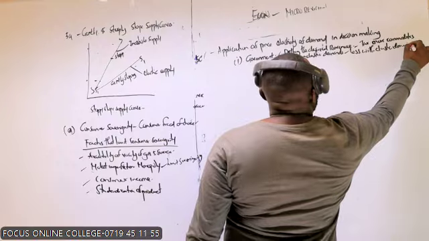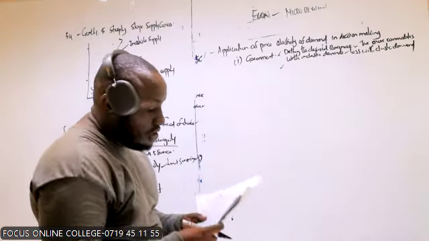So that's how the government uses price elasticity to get the desired revenue.